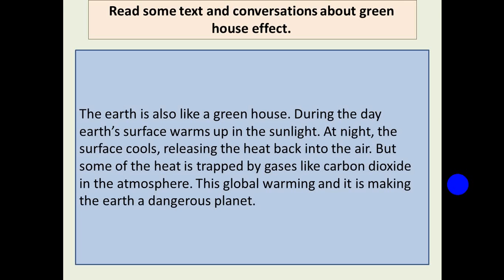At night, the surface cools, but some heat is trapped by gases like carbon dioxide in the atmosphere. These gases, called greenhouse gases, work like the glass walls and the roof and keep the earth warm. This is global warming, and it is making the earth a dangerous planet for us.